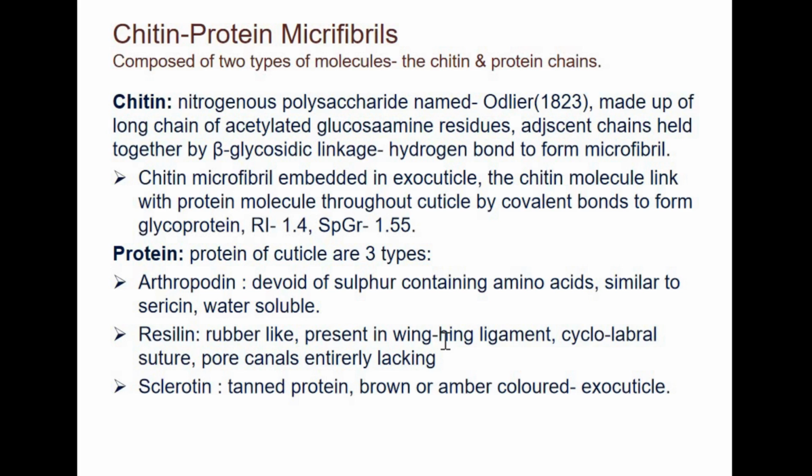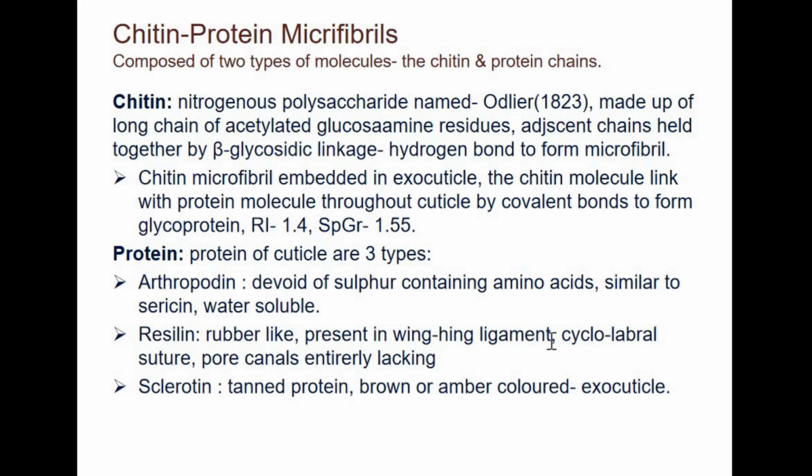In the wing region of the insect, the wing hinge region, particularly the ligaments, and in that ligament the resilin protein is present for the movement of the sclerites of the wing.